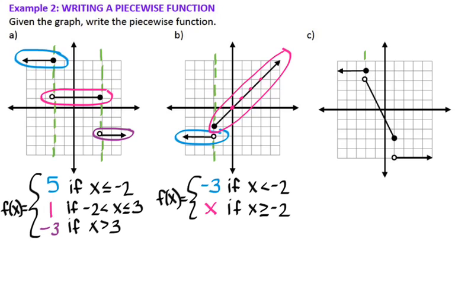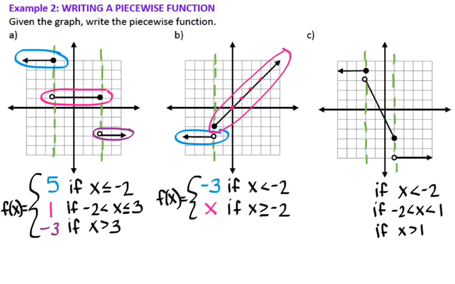And for the last one, I have a boundary at -2 and one at 1. So I have if x is less than -2, if x is in between -2 and 1, and if x is greater than 1.